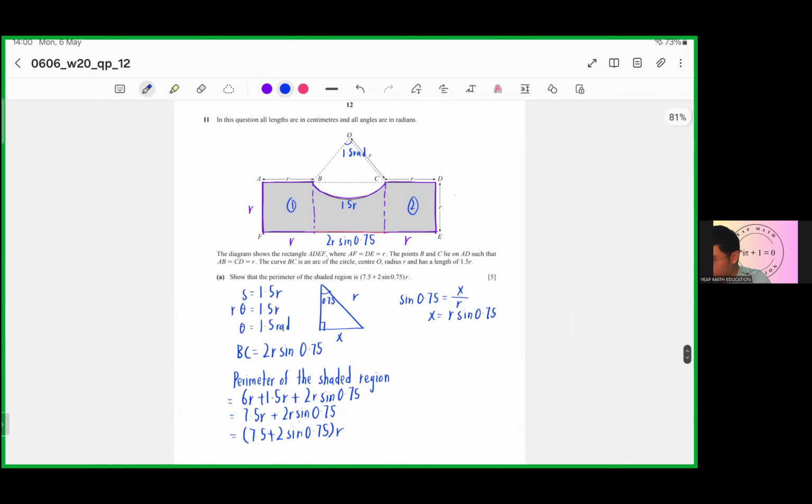We can find this area. This area is the area of the segment. So we find the area of the segment first. After that, we use the rectangle minus the area of the segment.